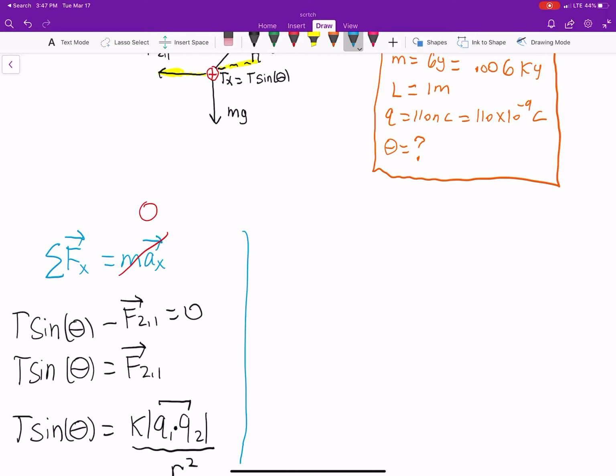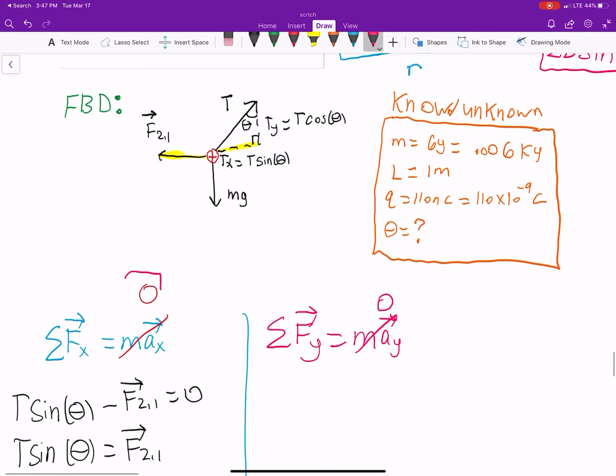So we have to go back up here, and I'm going to try to give myself a little bit of room here. We're going to do the sum of all forces in the y direction is equal to mass times acceleration in the y direction. This is still 0 for the same reasons that this was 0. The forces we have acting in the y direction, well, we have a positive T cosine theta because that's above our origin, minus mass times gravity equals 0.